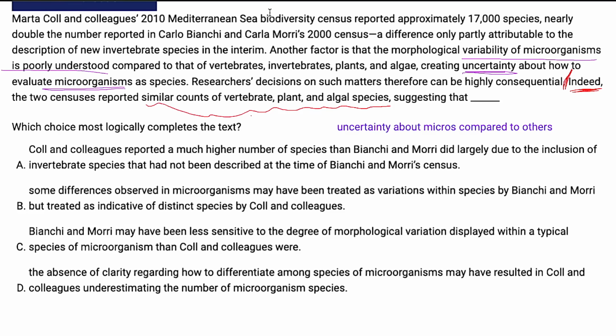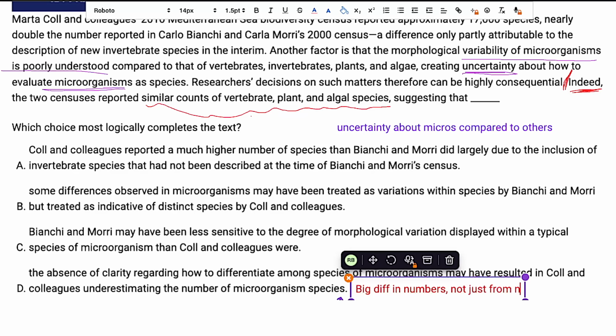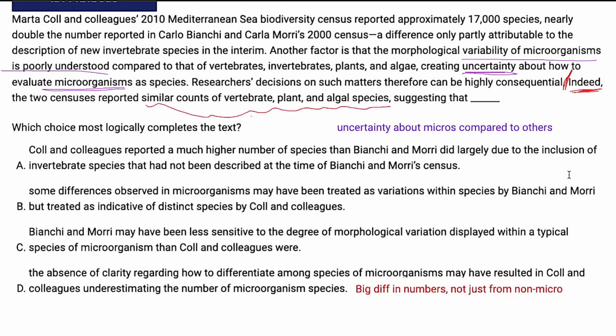I'm going to say something along the lines of big diff in numbers, and it said only partly attributable to the description of new invertebrate species. I remember invertebrate was basically not one of the micros. So: big diff in numbers, not just from non-micro.